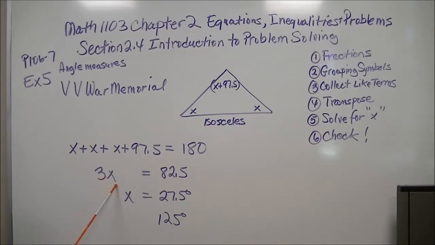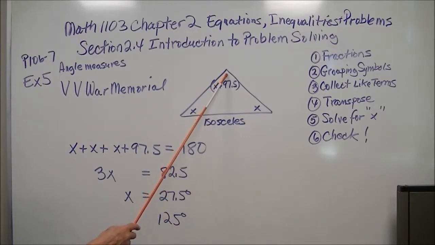We get 3x, collecting like terms. Now we're going to transpose this to the other side by subtracting that from 180, and we get 82.5. Then we're going to divide by 3, and we get our base angles are 27.5 degrees.